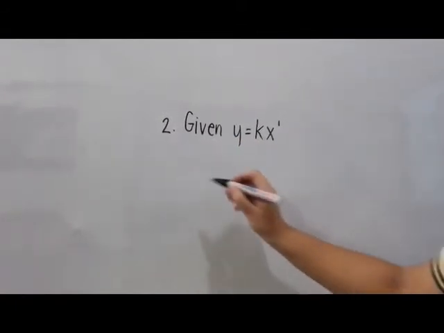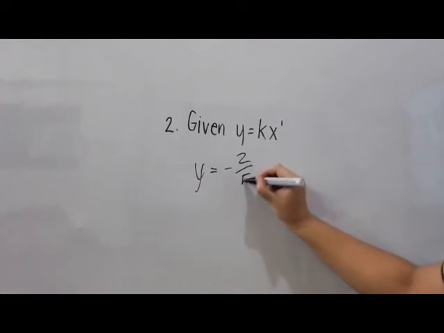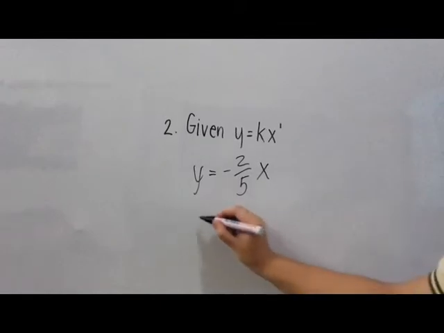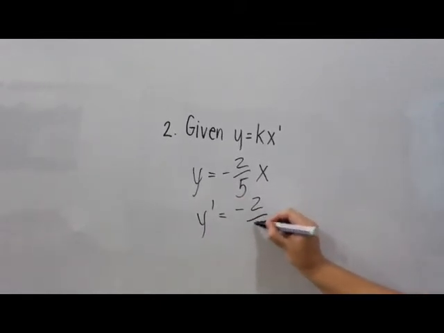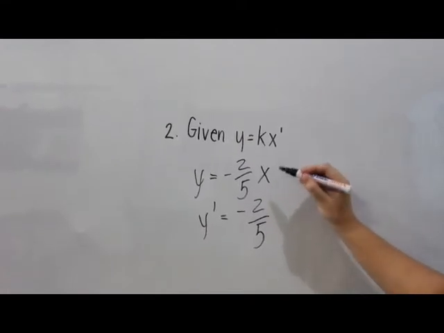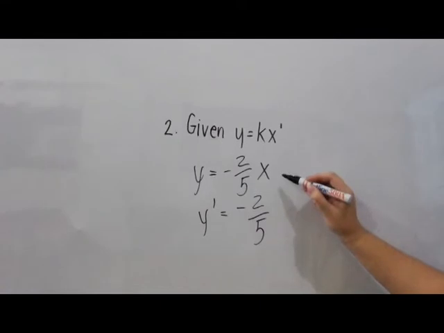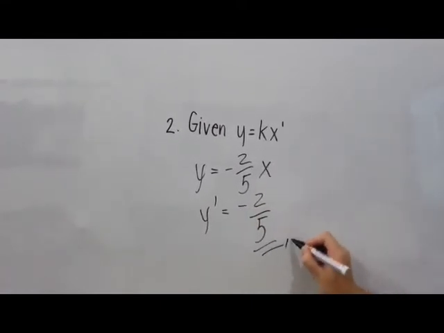What if you're given a problem that is y equals negative 2 over 5 times x? So y prime would be negative 2 over 5 because here x is raised to 1. So therefore, its derivative would be the coefficient, which is negative 2 over 5. So we have the answer.